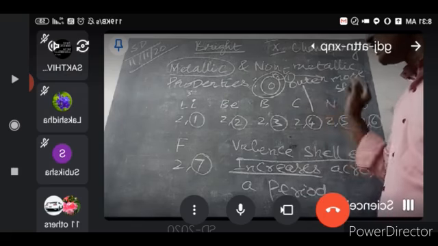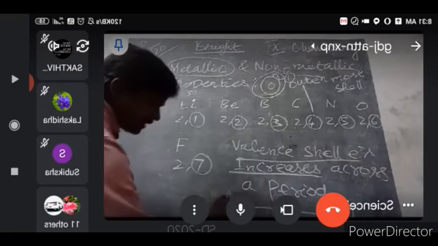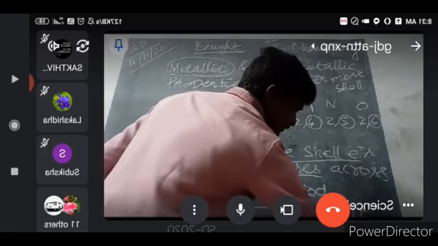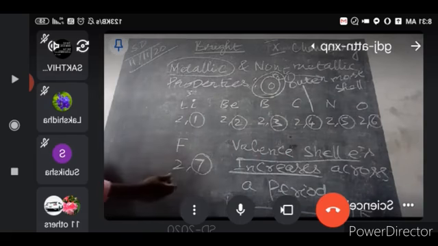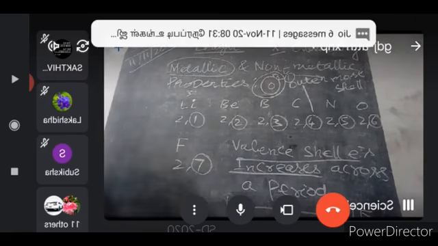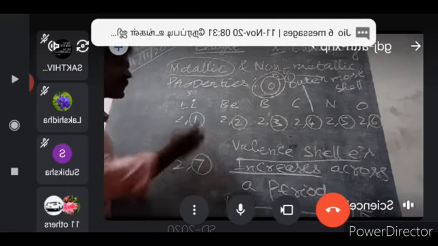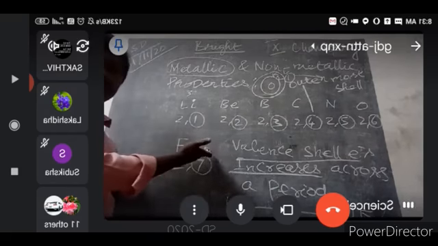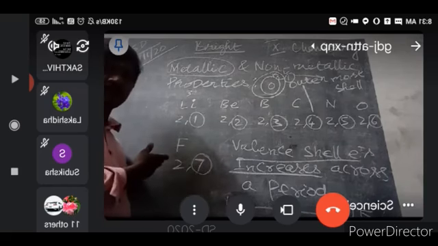From left to right you can write, because it starts with Li and ends with fluorine. So across a period it increases. Note that down. Whatever question they have asked, you have to explain with some examples. Here it is very simple, so I have taken up the second period from left to right.